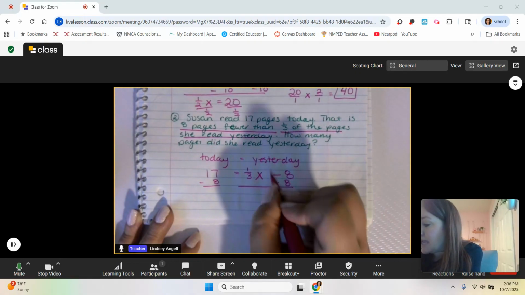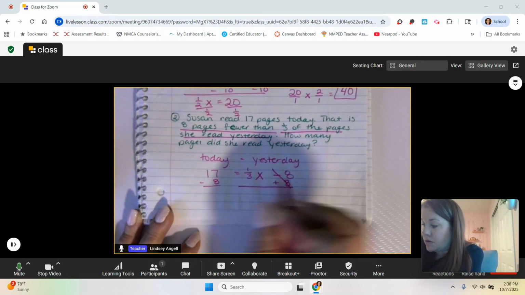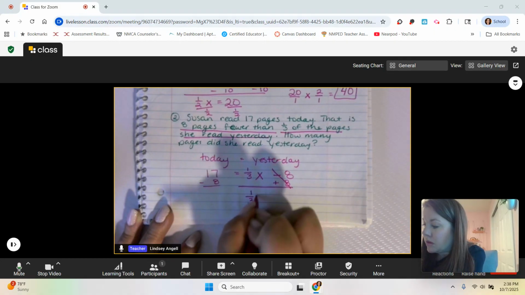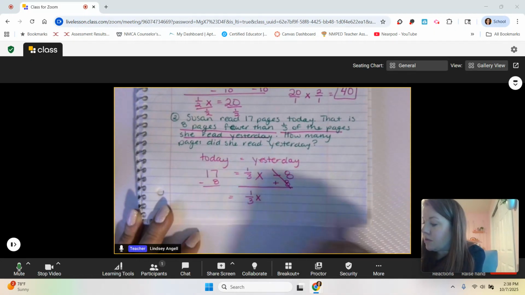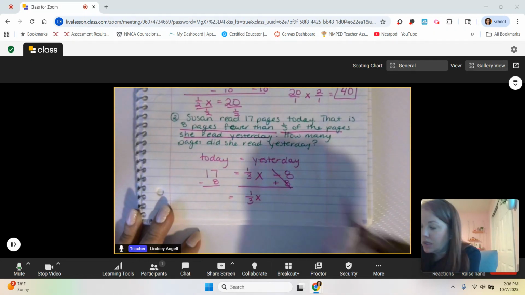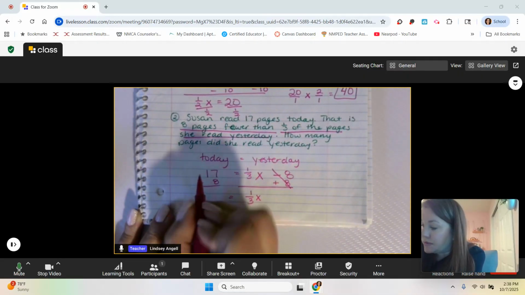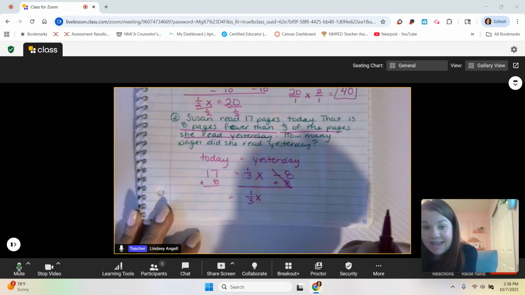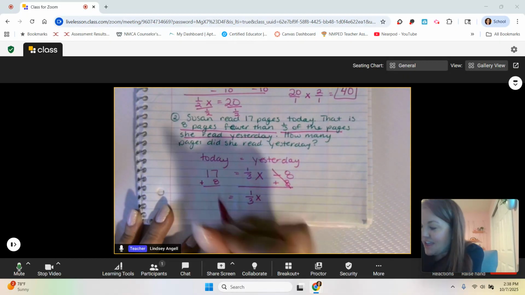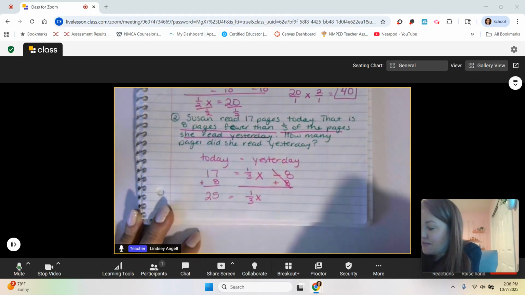Negative 8 plus 8 equals 0, so those cancel. So on the right I'm left with 1/3 x, and then, oops, did you catch my mistake? I almost subtracted 8 from this side. I needed to add it. So, and that gives me 25.